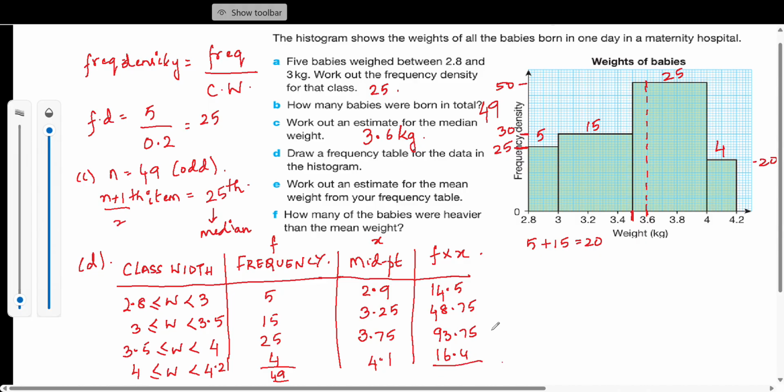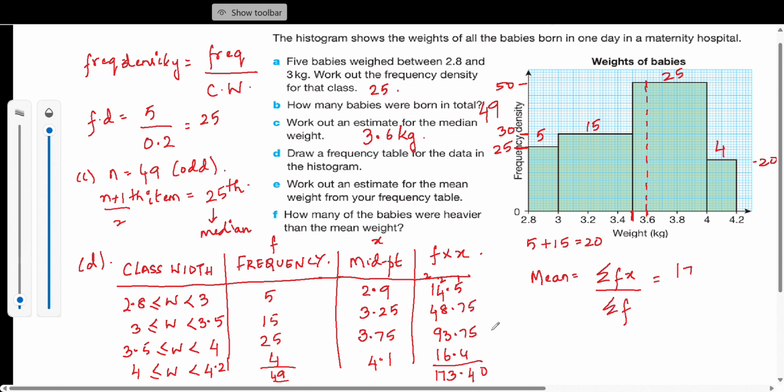Now we have to sum up all of this. So, we all know that the formula for mean from tabular data is sigma fx by sigma f.